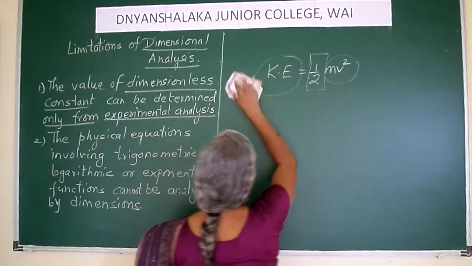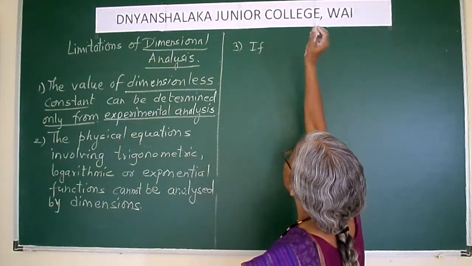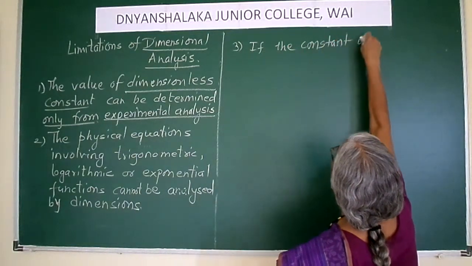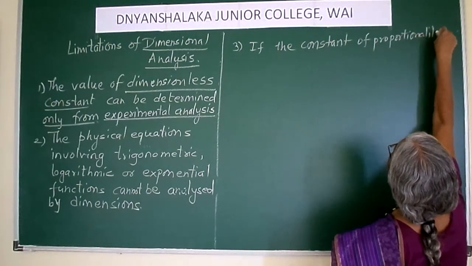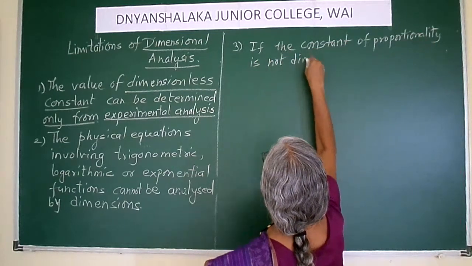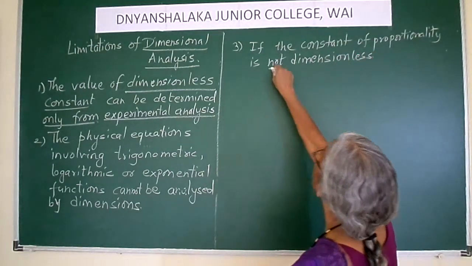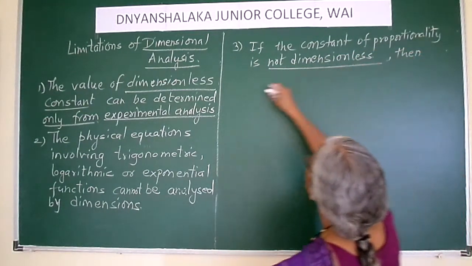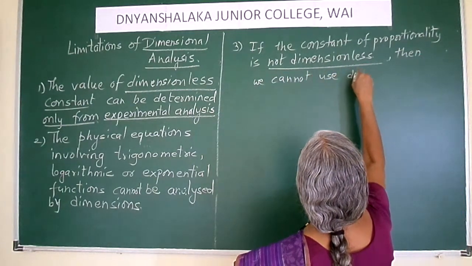Okay. Now the third limitation of dimensional analysis is if the constant of proportionality is not dimensionless. मतलब constant of proportionality जो equation में आती है उसको भी यदि dimensions हो, then we cannot use dimensional analysis.